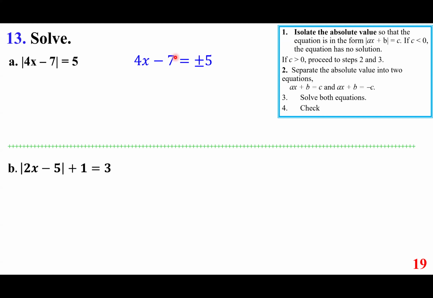You move the -7, becomes positive on the right side, and divide by 4.